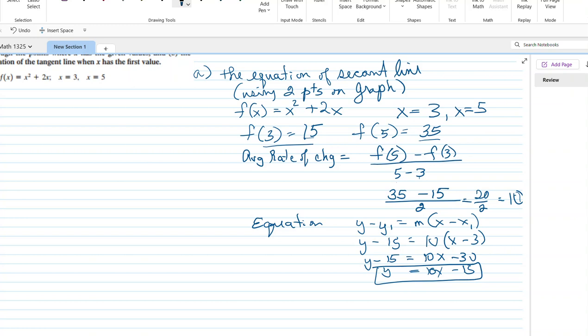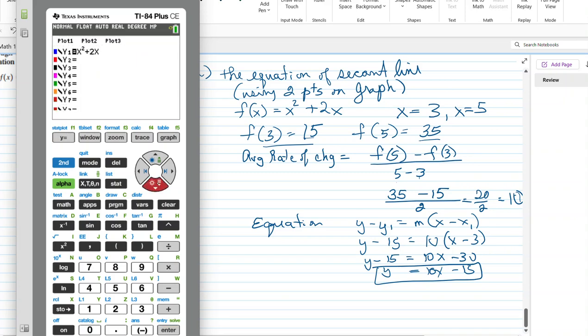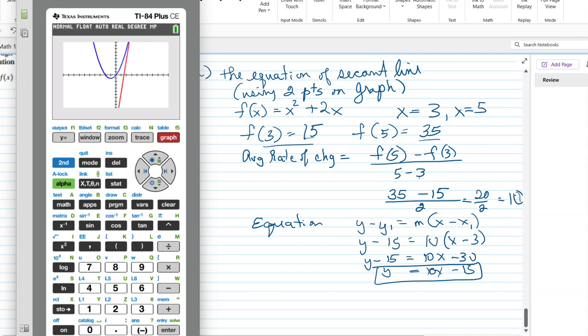Let's look at that in our calculator. We're going to enter that equation on line 2. y equals 10x minus 15, if I did the math right? Yeah, I did. Now I'm going to graph it.